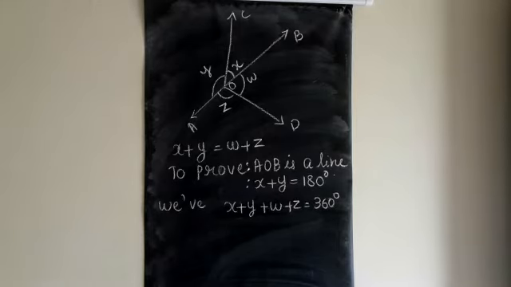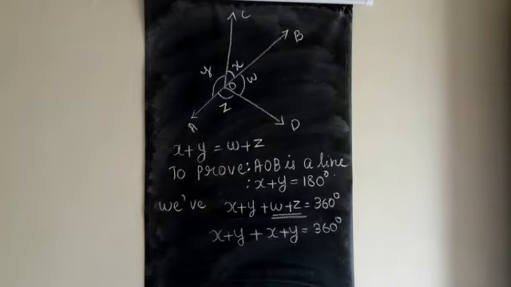So x plus y plus w plus z is equal to 360. But in the question it is given that w plus z is also equal to x plus y, isn't it? So in the next step, instead of w plus z, we can rewrite with x plus y because their measurements are equal. So our next step will be x plus y plus x plus y is equal to 360 degrees.